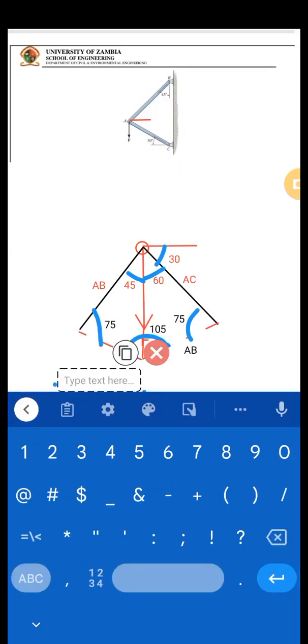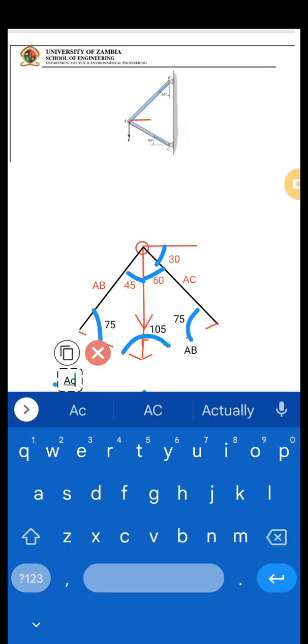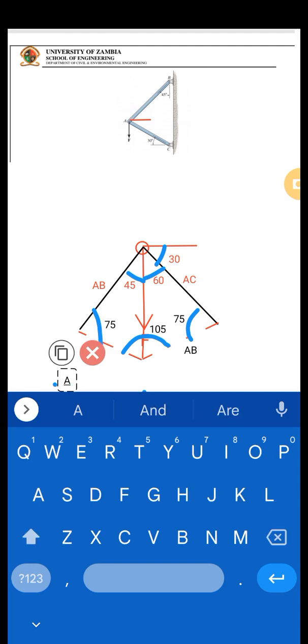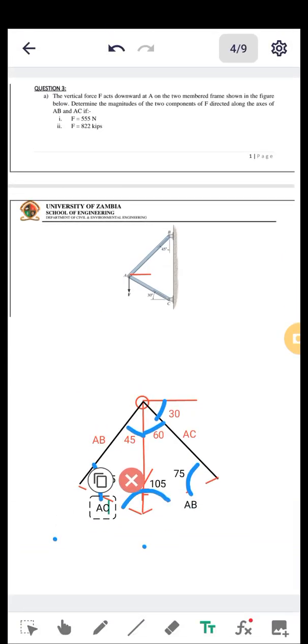Then we also have AC. Okay, so now we can take one triangle from here. I'm going to take this one as my triangle. So let me just draw like that in the other part. Then I erase part.